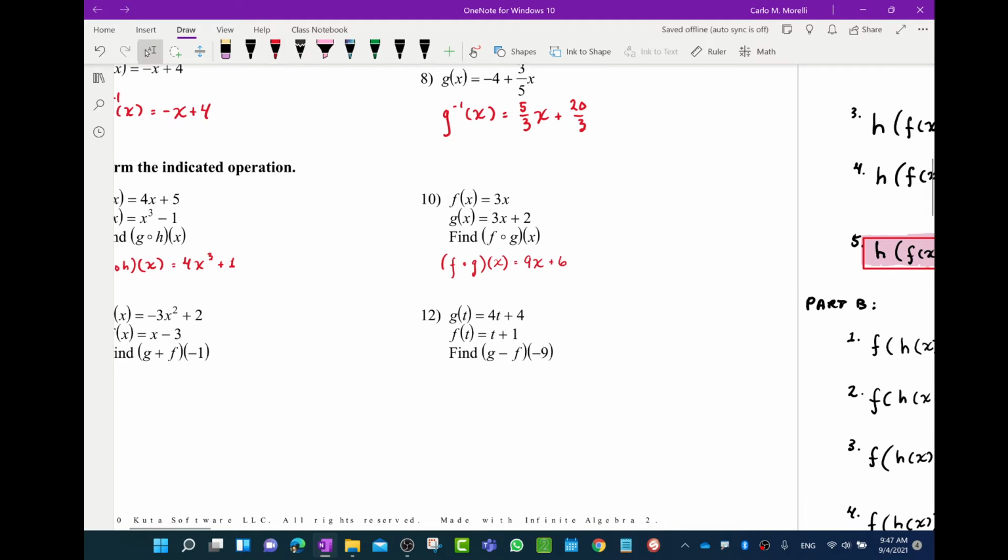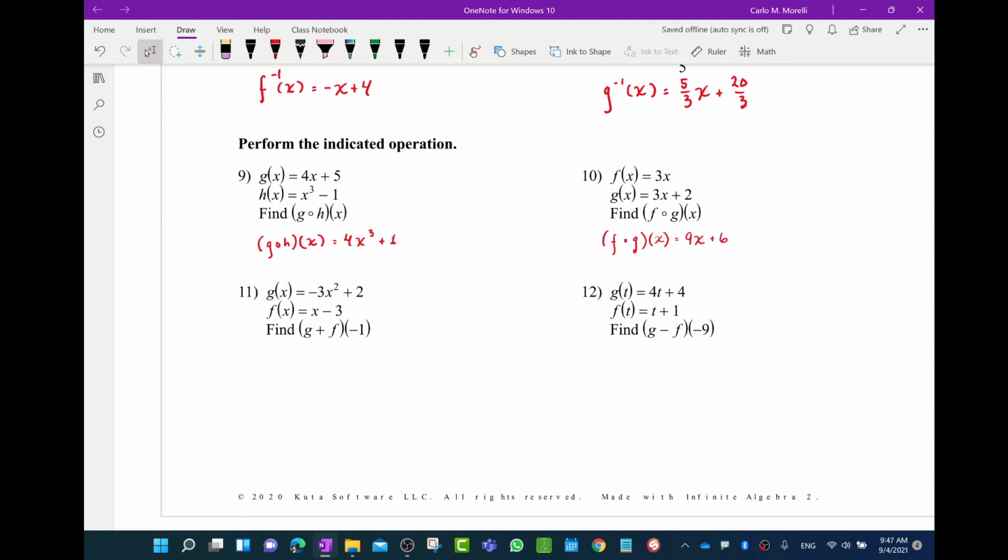Now, in the next two problems, we are asked to add the functions together. Well, in the next problem, we're asked to add the functions together and then evaluate the sum of those two functions at -1. And then in number 12, we were going to subtract function f from function g, and then we take the difference of those two functions and we evaluate that difference at -9.